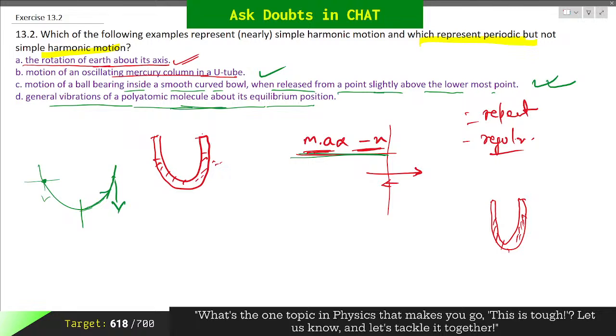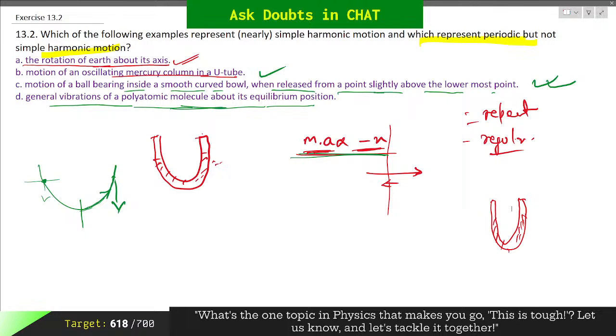Now if we push one of the columns of mercury by some distance and then release it, will it oscillate with a simple harmonic motion or not? So yes, the restoring force is proportional to the negative of displacement, so we can say that the motion is simple harmonic.